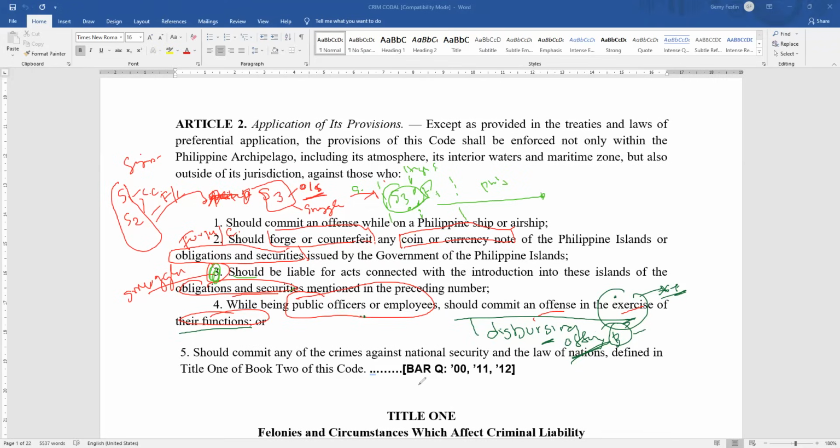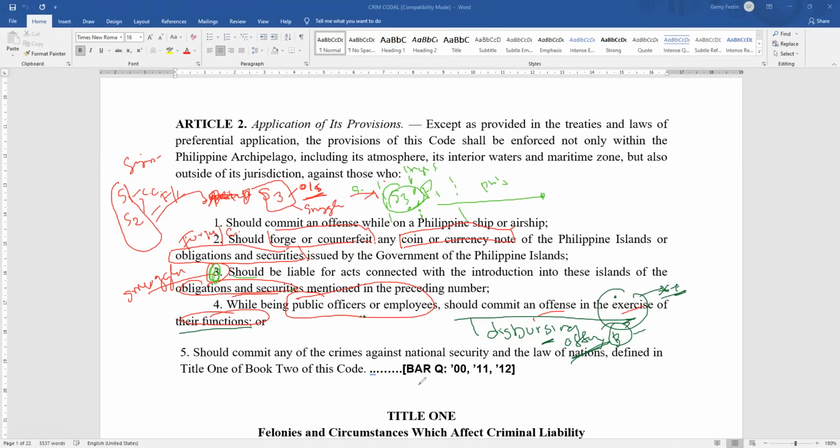But the crime committed is not malversation. The crime is estafa. Okay? Is it in the exercise of their function? No, it's not her duty. Nakiusap lang si ambassador. So in that case, she cannot be tried in the Philippines because the act that she performed was committed not in the exercise of her function.